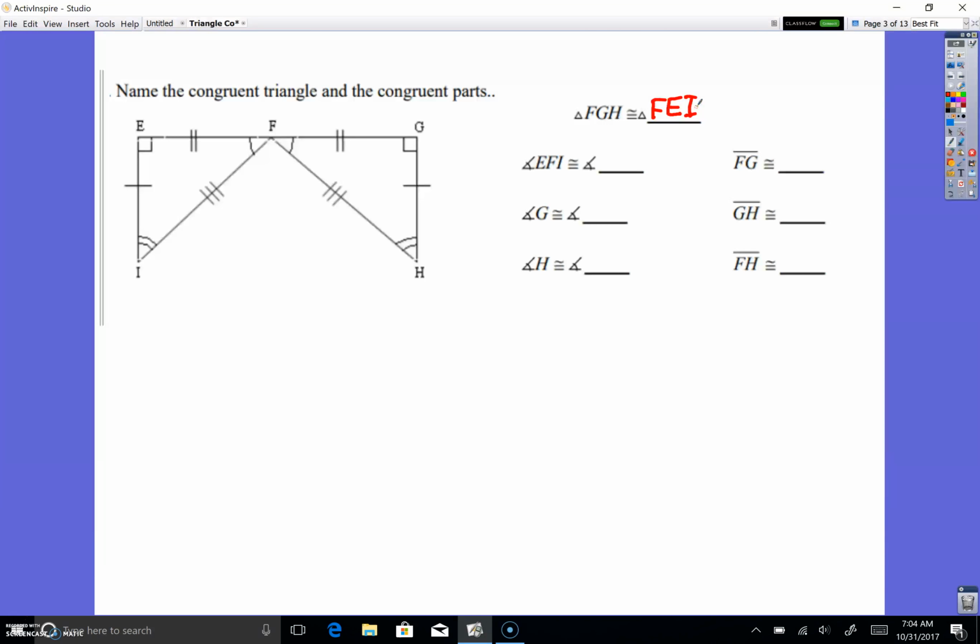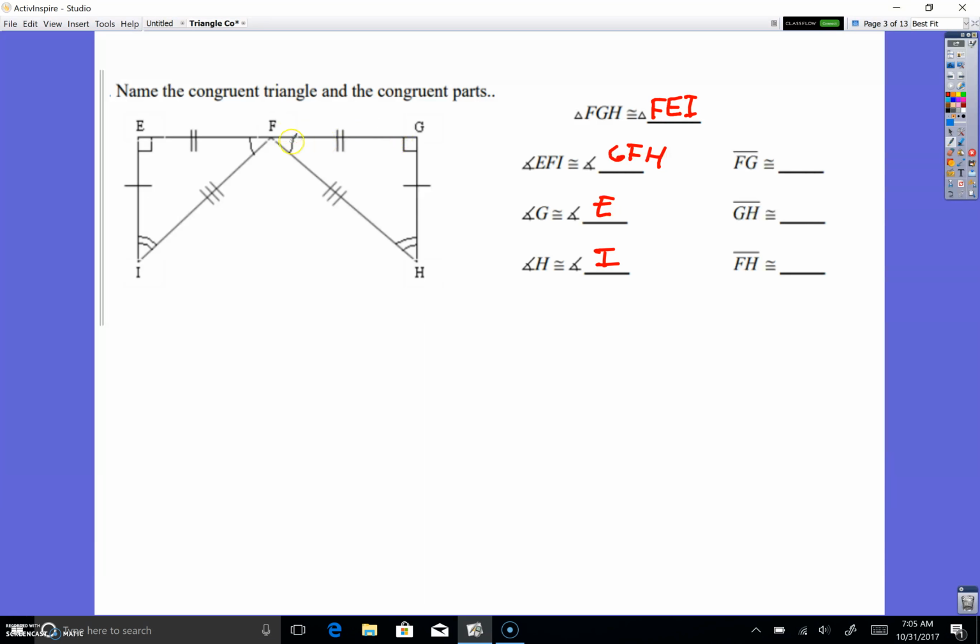Now remember, corresponding parts of congruent triangles are congruent. So angle EFI should be the same as GFH. Angle G is the same thing as angle E. Angle H is the same thing as angle I in the other triangle.